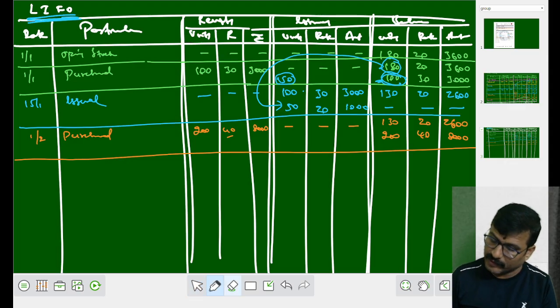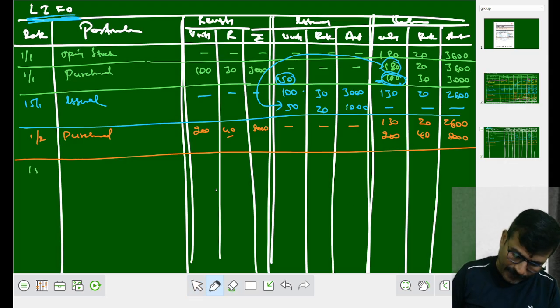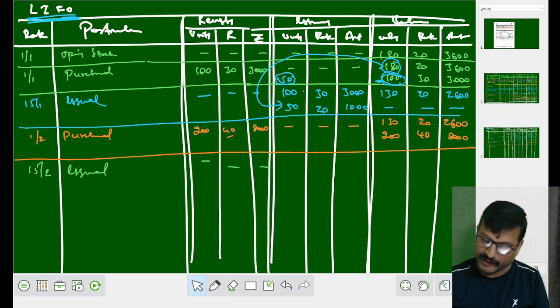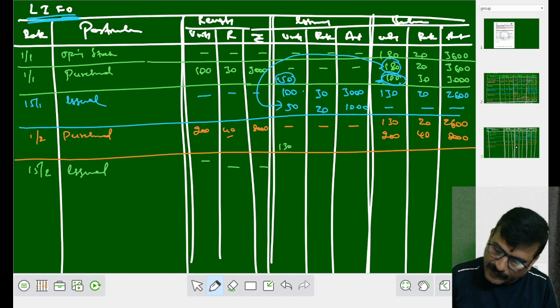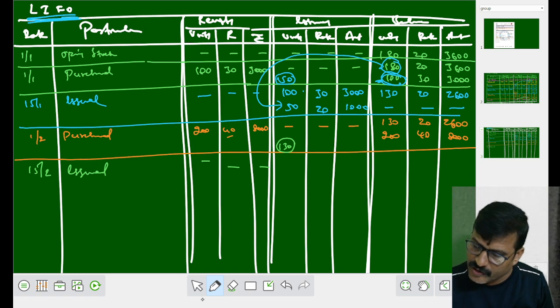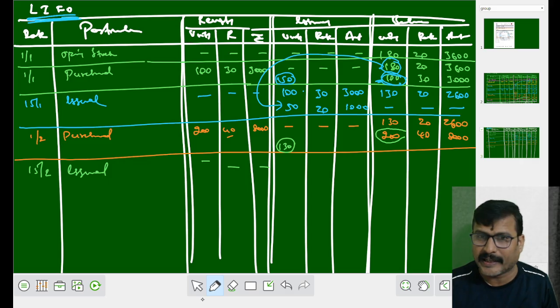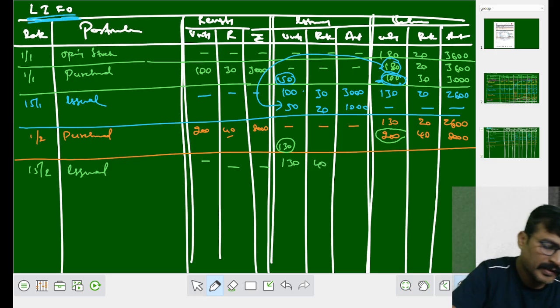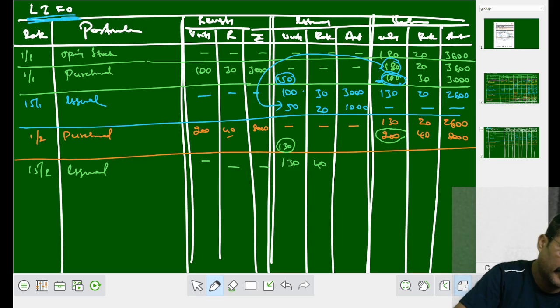When you issued on 15th February, how many units did you issue? 130. You have to write 130 here. Okay, fine. See, it is last in, first out. Last in, first out means here there are 200. Out of 200 you have to give 130, which is easy. So you give 130 at the rate of 40. Use a calculator and work out 130 into 40.